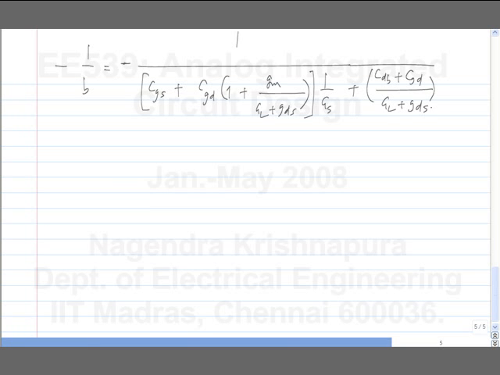So this is actually, you can see CGS and Miller multiplied CGD, right? Is this clear or no? This is the DC gain. So this whole thing is Miller multiplied CGD.